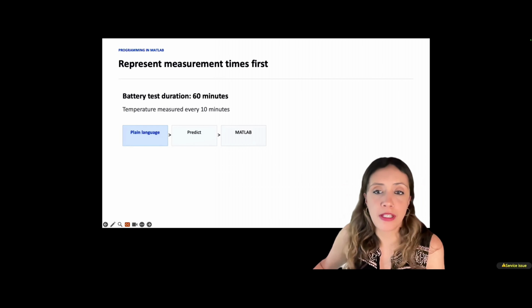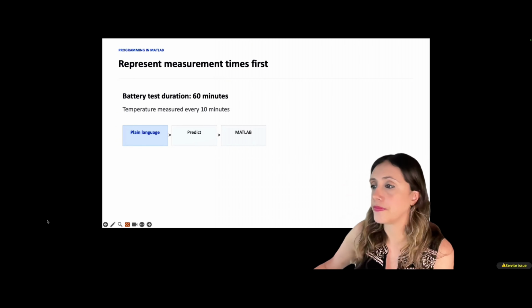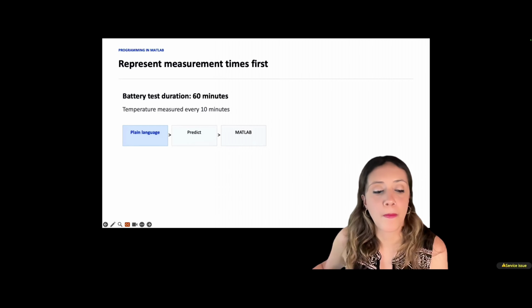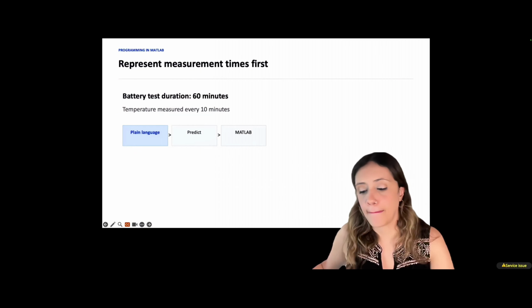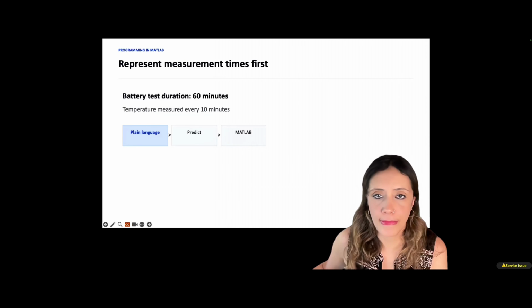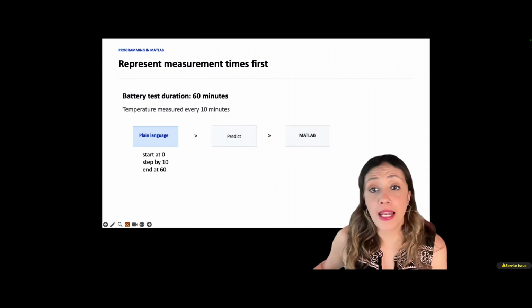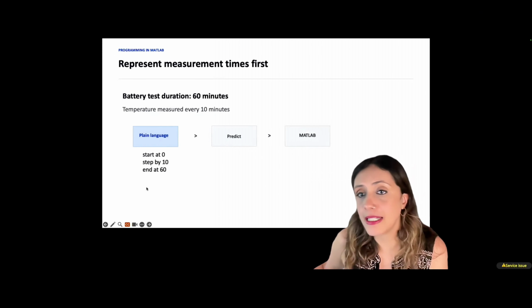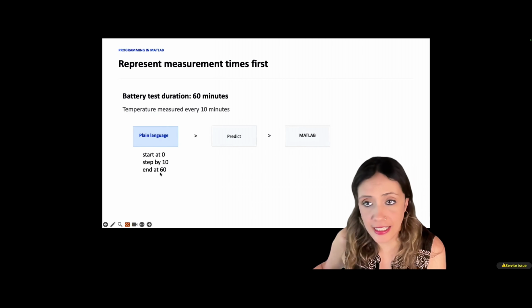And I will give you a few seconds to think about it before we move forward. Good. In plain language, our measurement times start at 0, step by 10, and end at 60.